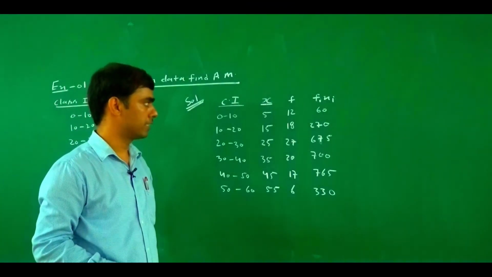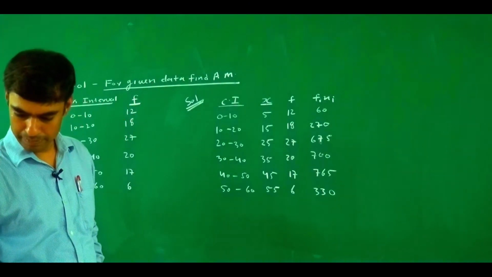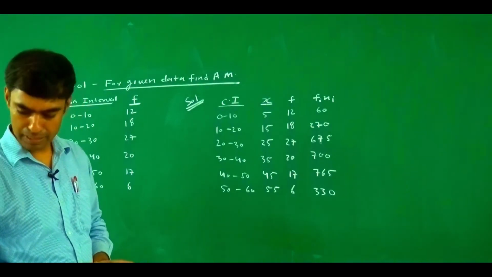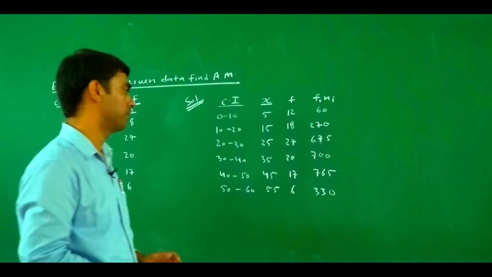Once we check the calculation, these are 60, 270, 540, 700, 765, 330.